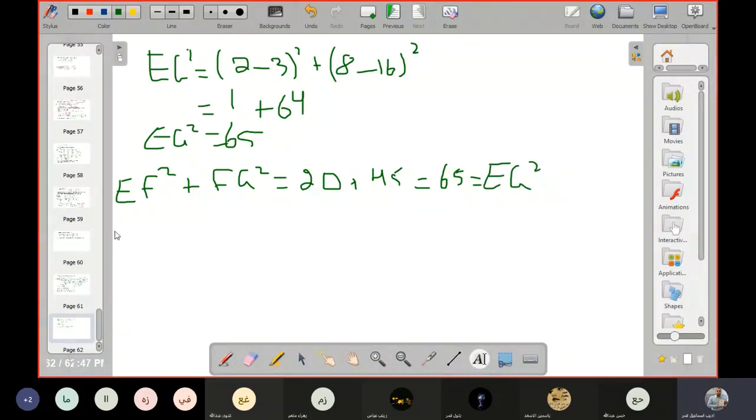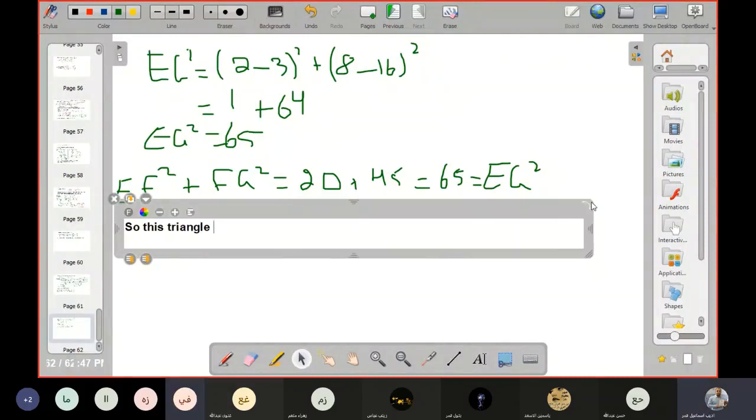So what is the nature of this triangle? It is a right triangle by the converse of Pythagoras theorem.